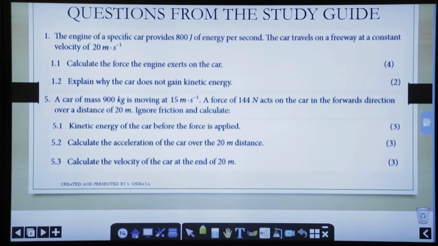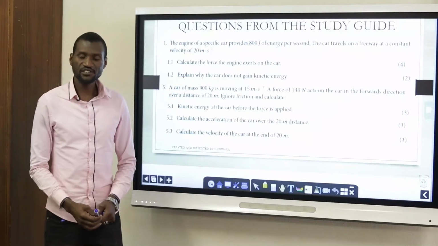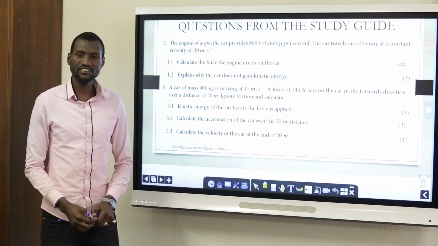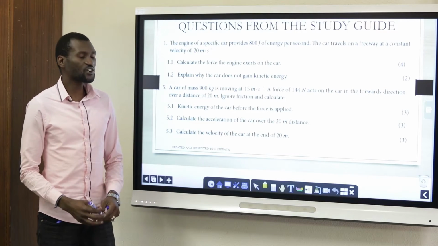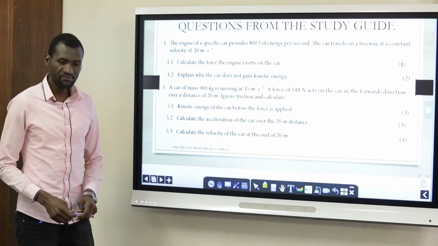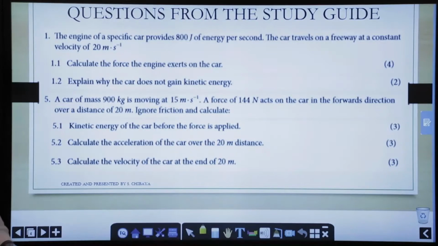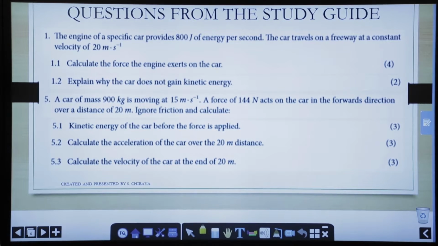Our study guide, written by Timothy Sibeko and Norman Muvoti, which I constantly refer to, has got a lot of questions that can help you master the things that we have been studying for the past few days on energy, power, and work done.